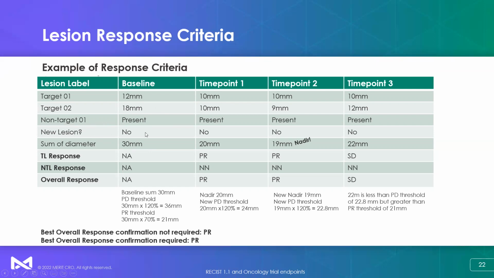And the new lesion status should also be followed. With this information, we can calculate the sum of diameters, and then the percentage increase or decrease from the baseline or the nadir, so that we can calculate the target lesion response, non-target lesion response, and then the overall response based upon that information.